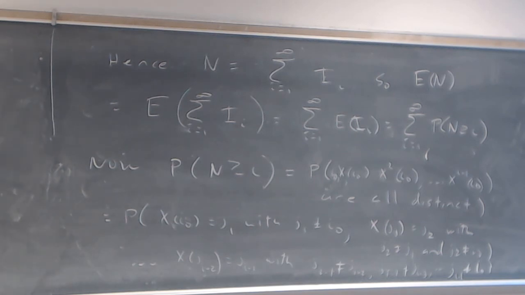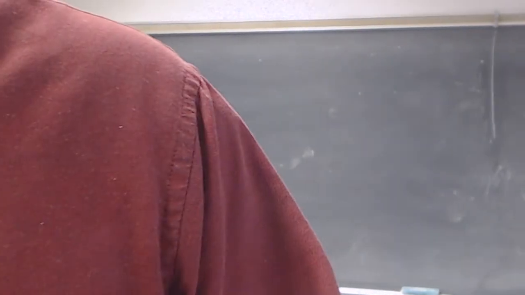Now, due to the independence of the X's, where it sends something is independent of where it sends something else, we can break the probability of this intersection into the product of these probabilities.